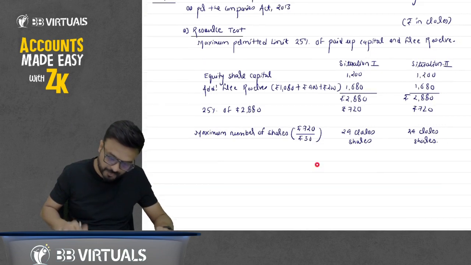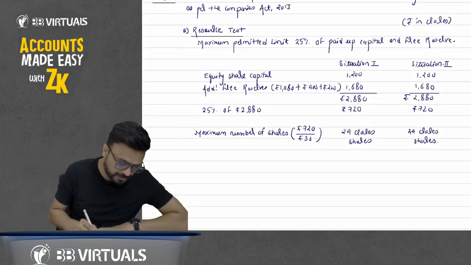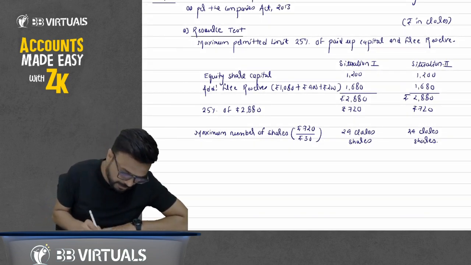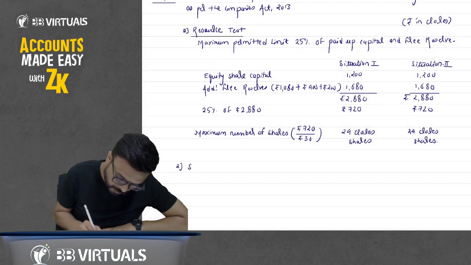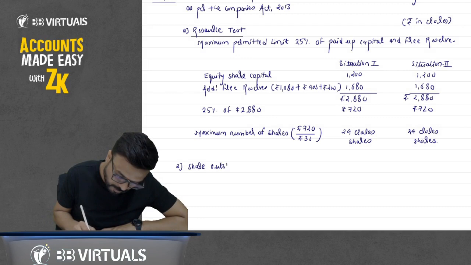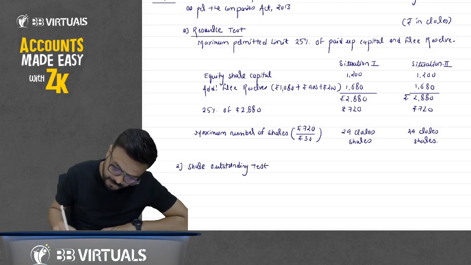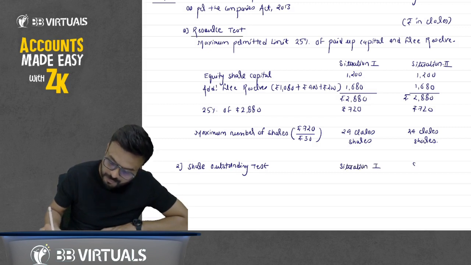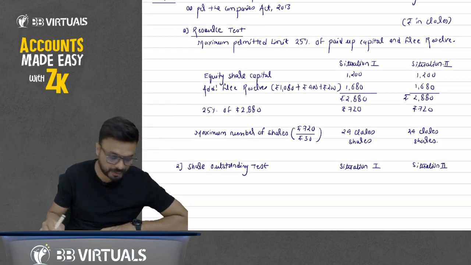Now after this, second. Write down there: share outstanding test. Situation 1, situation 2.